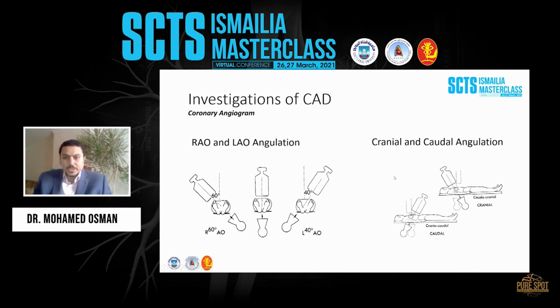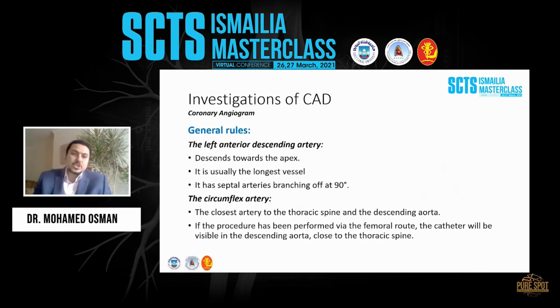Cranial angulation means that the detector is at the patient's head, while caudal means that the detector is towards the patient's foot. There are general rules to interpret a coronary angiogram.